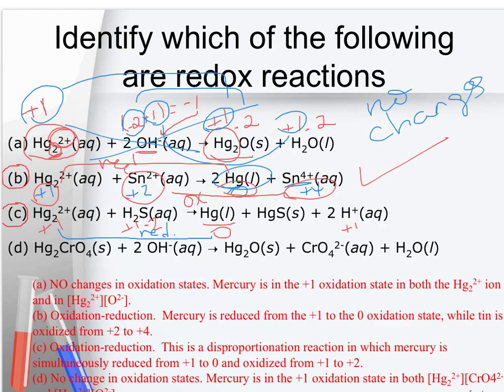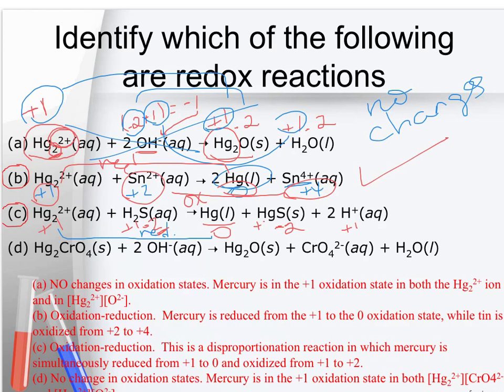Let's look at sulfur. Sulfur has gone from -2 oxidation state on the reactant side to -2 oxidation state on the product side.